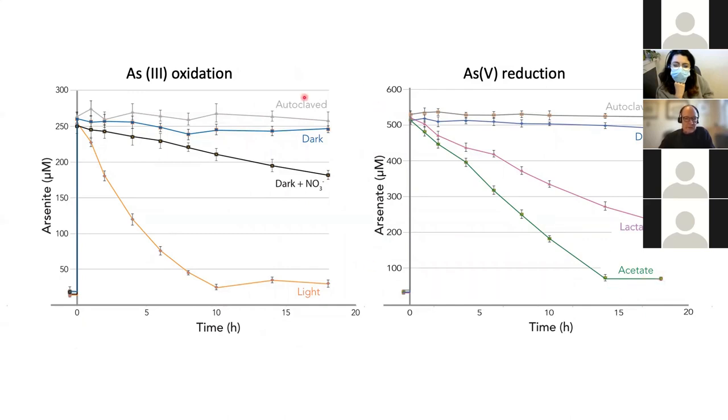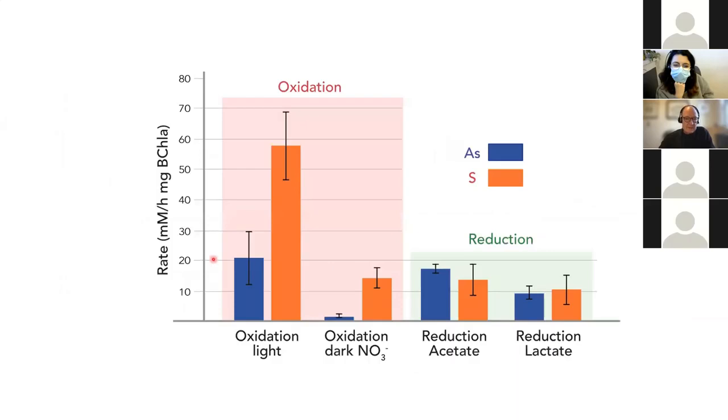And the scales are slightly different here, 300 and 600 micromolar. Basically, what you can see in the next slide is that the rates in blue are the arsenic rates. We did similar experiments using the sulfur cycling. You see that the arsenite utilization is almost the same rate as the arsenate. So again, very, very fast cycling.